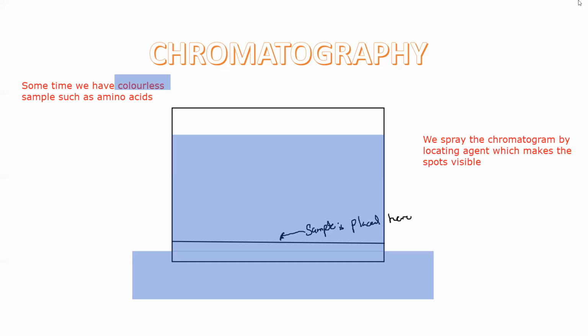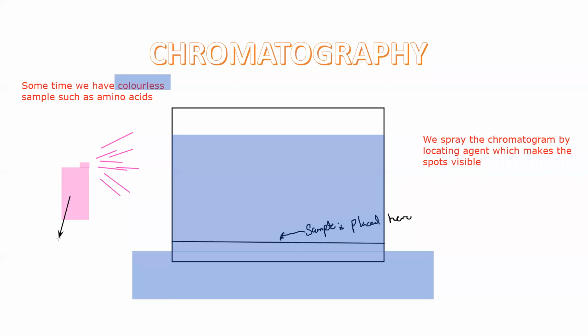Different types of chemicals can be used as locating agents. You don't have to learn which chemicals are used. Just remember the term: for colorless substances, we spray the chromatogram with a locating agent.